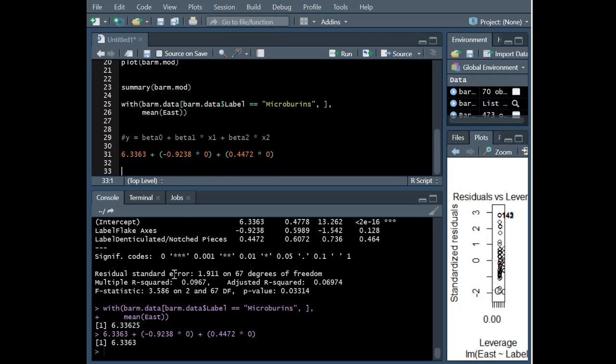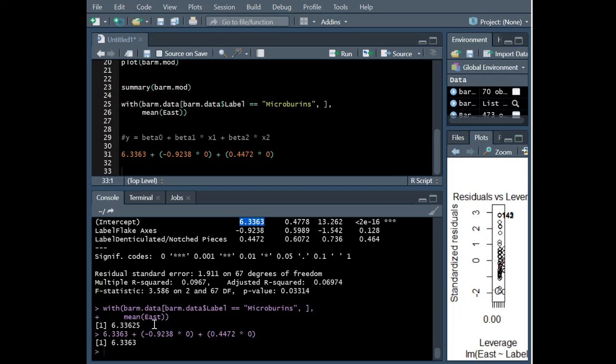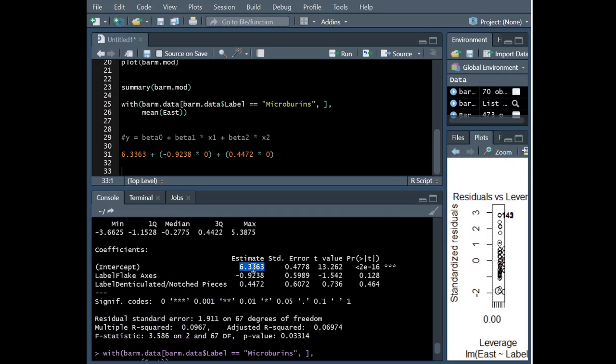If we wanted to calculate the mean Easting coordinate for flake axes, that is our second group here, right? So we need then this coefficient estimate, negative 0.9238. So in this case, you still need to account for the intercept. You're always adding your intercept in. Whereas before, the mean Easting coordinate is the intercept because we multiply everything else times 0. In this case, we're not multiplying everything else times 0.